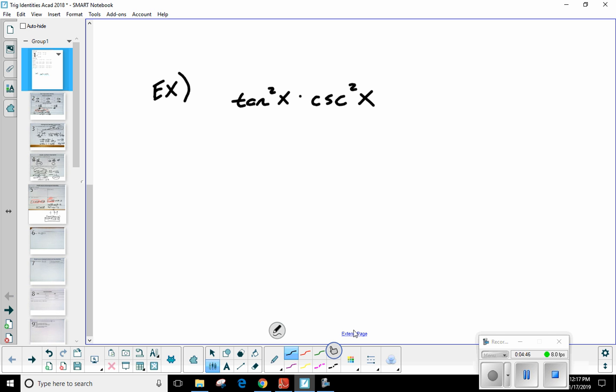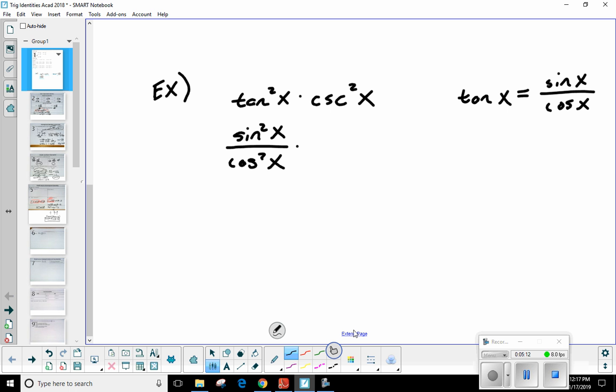Sine and cosine, right? Now remember, we know, for example, that tangent of x by the quotient identity, or ratio, depending on what you want to call it, is sine over cosine. So tangent squared would simply be sine squared over cosine squared. We're just going to take the square along with it. We also have a reciprocal identity. We know that cosecant of x is 1 over sine of x.